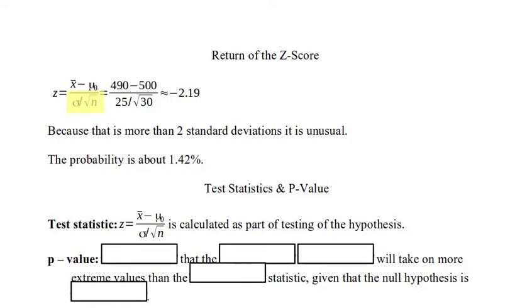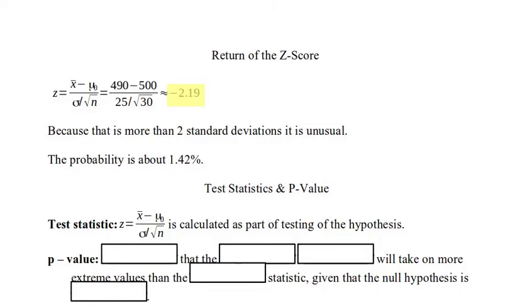So that's the population standard deviation sigma divided by the square root of n. And the numerator is just how far mu sub 0 is from the mean. So when we go through and we do this arithmetic, we learn that our sample mean is negative 2.19 days away from the population mean.